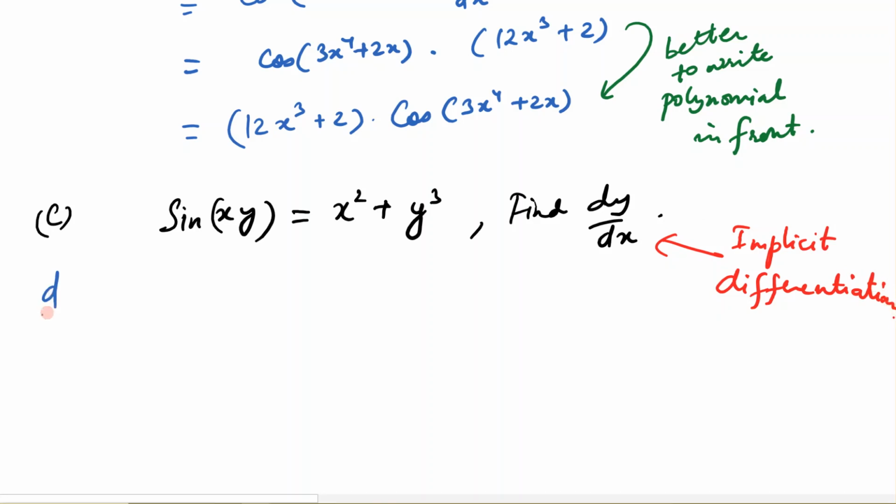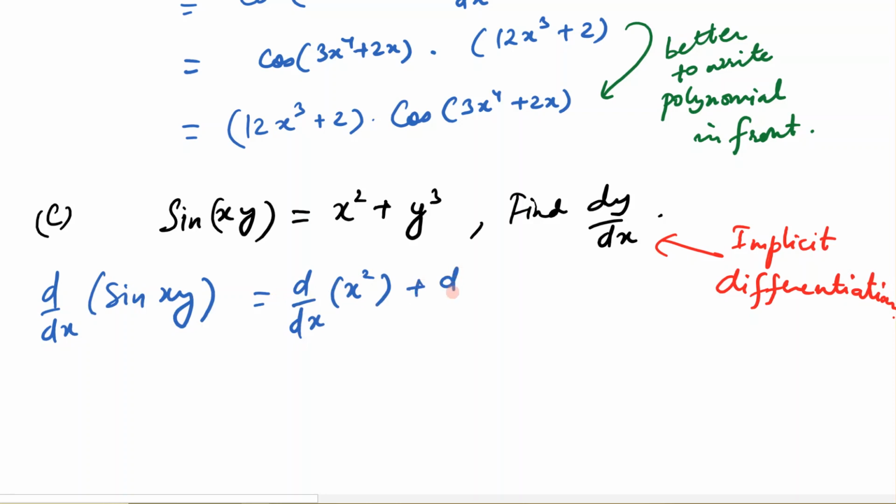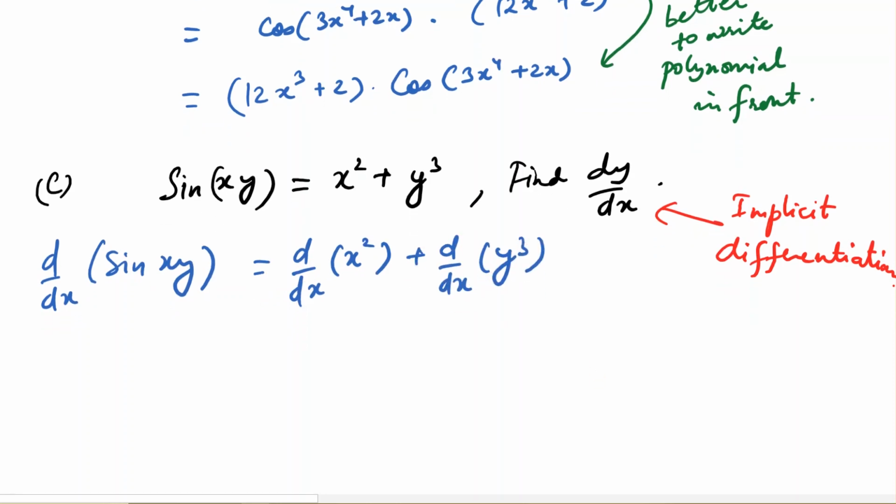So take the derivative of the left hand side with respect to x, and take the derivative of each term on the right hand side with respect to x. Wherever you have x and y together, you're going to use the product rule. So first here, the derivative of sine is cosine. So cosine of xy, and then take the derivative of the inside function.